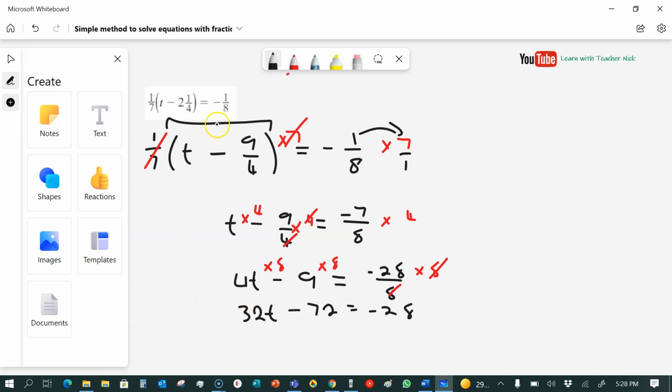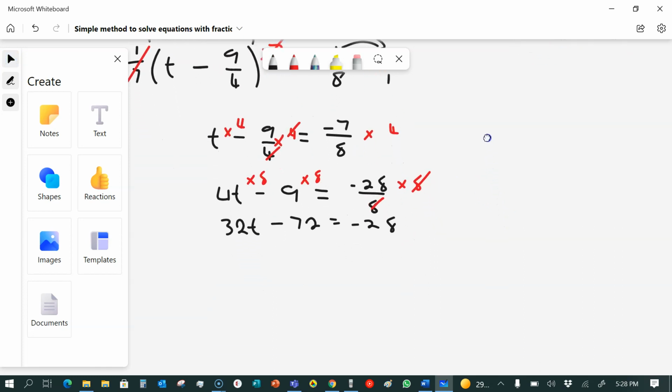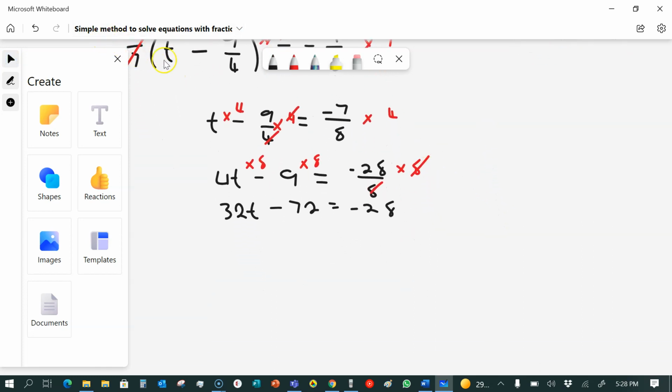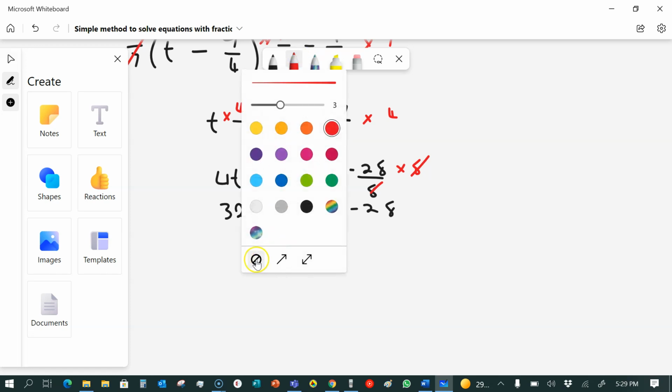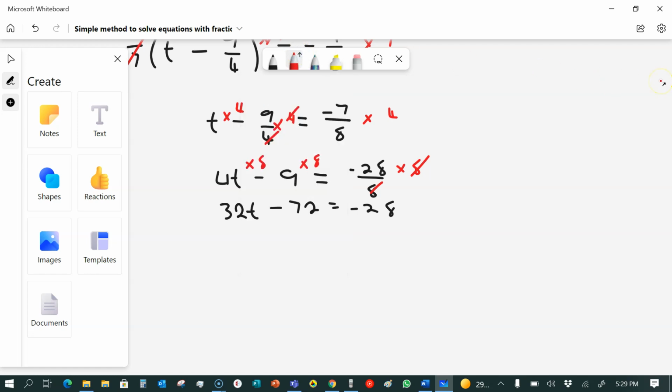All right? So what's the next thing that we can do? I'm going to move this up a little bit. Now that I no longer have any fractions, I can work this out now. I can go and say I'm going to move the term that does not have a variable to the other side. So I'm going to move which term? You're right, 72. It's negative here, sorry.